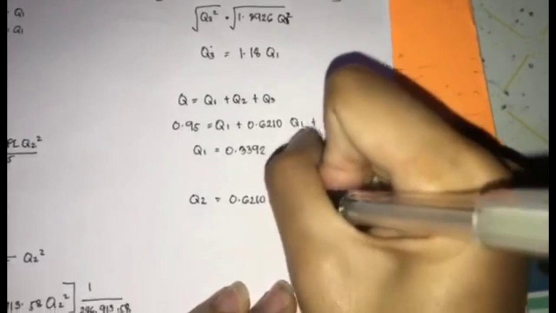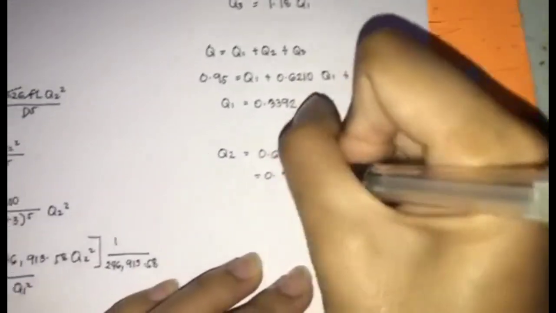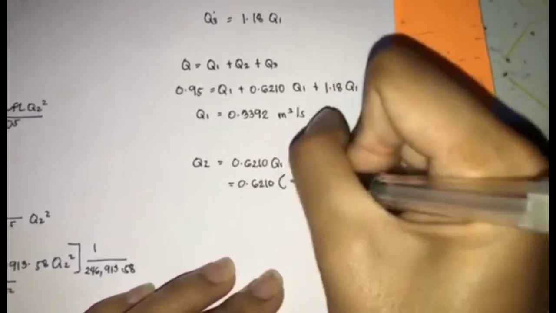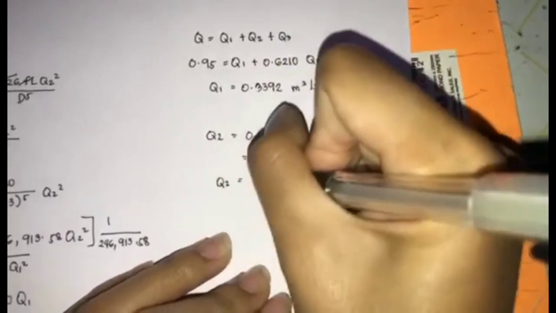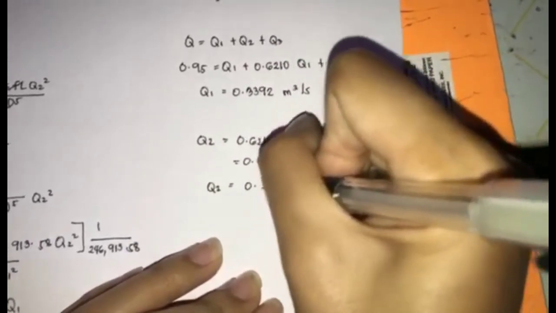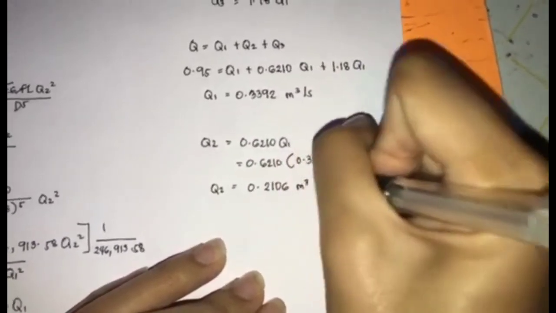Same with Q2, just multiply the value of Q1. So we have 0.6210 Q1. So 0.6210 times 0.3392, we get Q2 is equals to 0.2106 cubic meters per second.